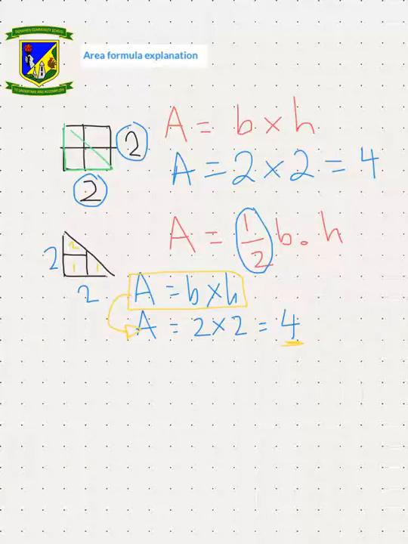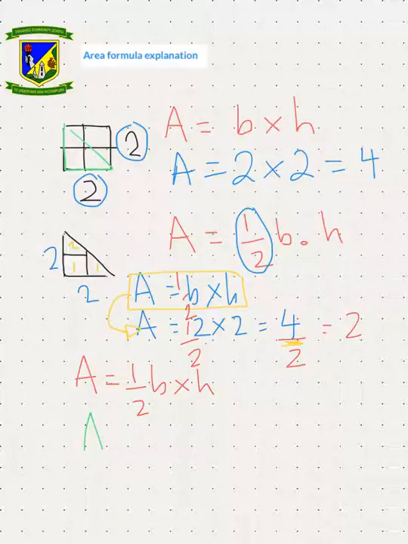Now, knowing that this triangle is half the size of the square, we can change that formula. And let me use my red pen. If I introduced a half in front of that square formula, then all of a sudden, my answer would become correct. Okay? So by using the formula half the base times the height for a triangle, I'm able to calculate the area of a triangle.